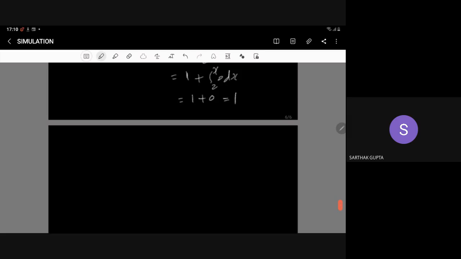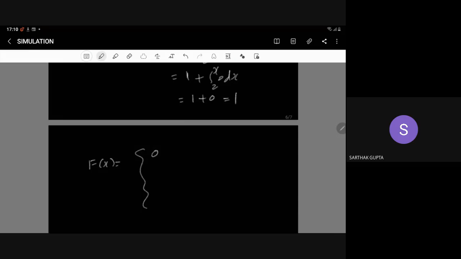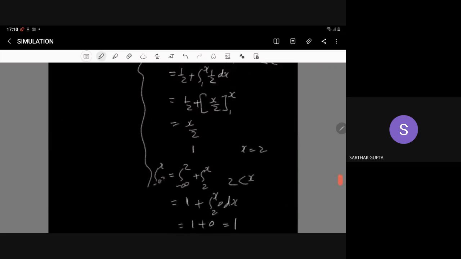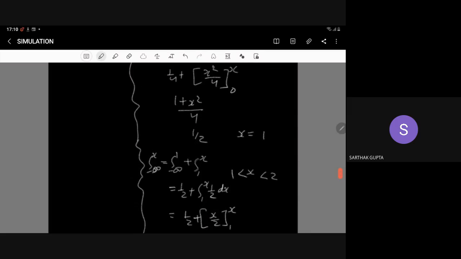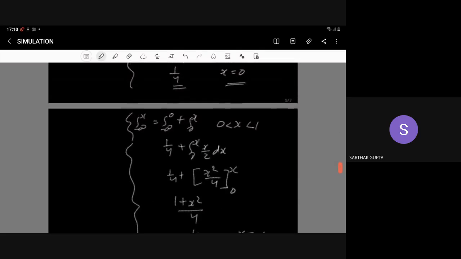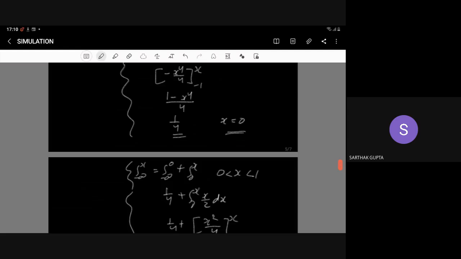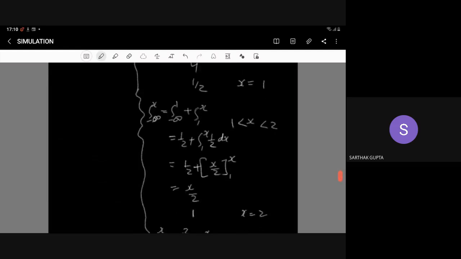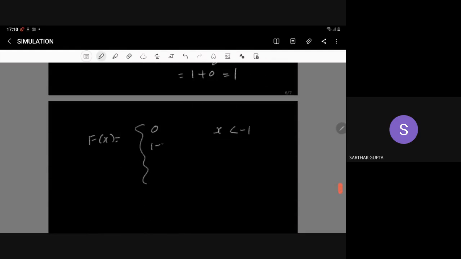So from here, if I write the Fx in final form, it is 0 when x is less than minus 1, and it is 1 minus x to power 4 upon 4 for x from minus 1 to 0.